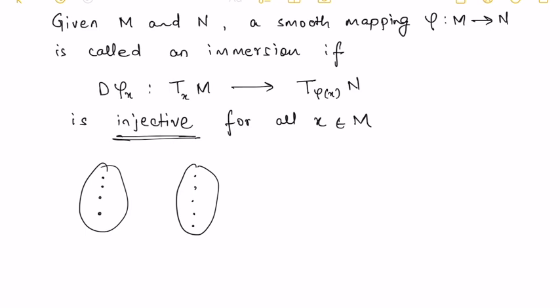If a function is defined between these two sets, every point in the source and this is the target, and these are the mappings. So if the mapping function can find, in the source domain, every point mapped to a unique point in the target domain, then this map is called an injective map, right?